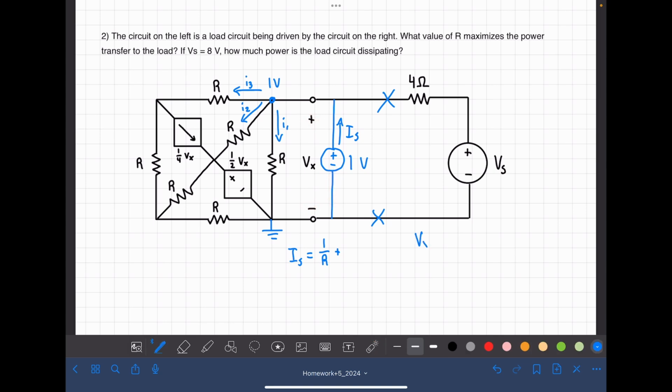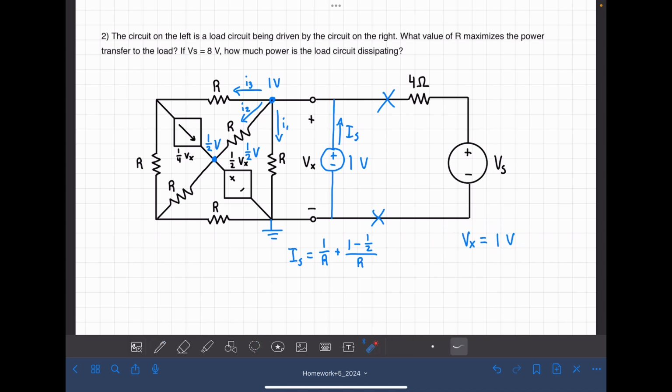So we know Vx is equal to 1 volt, which means this dependent source is outputting 1/2 of a volt. And since it's connected directly from ground, raising us up that 1/2 volt to this node here, we know this node is 1/2 volt. So we get 1 minus 1/2 divided by R for our second current.